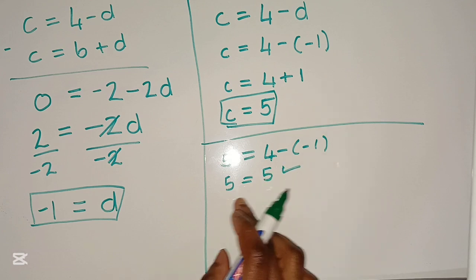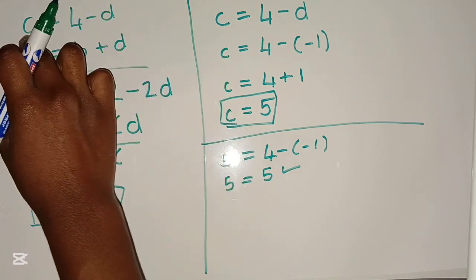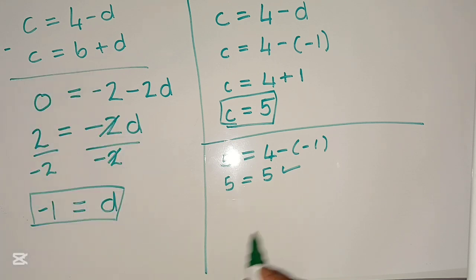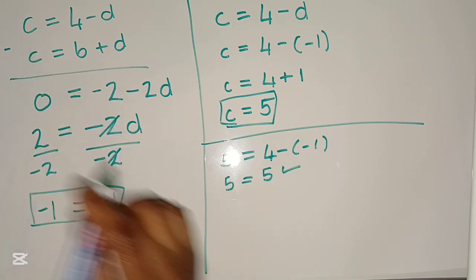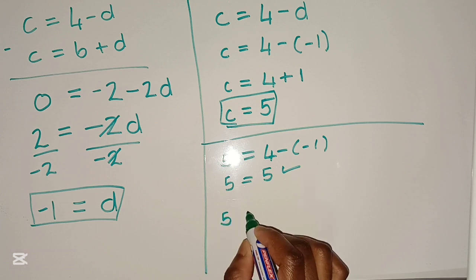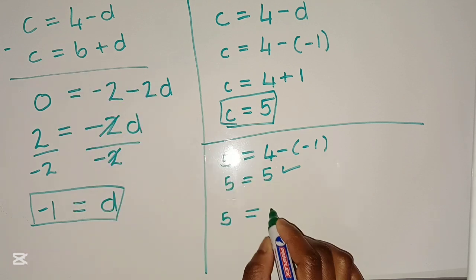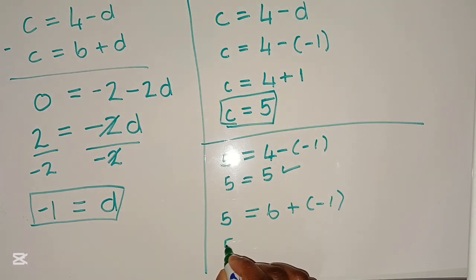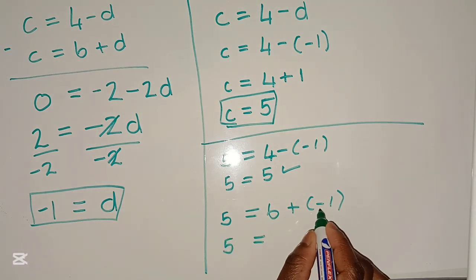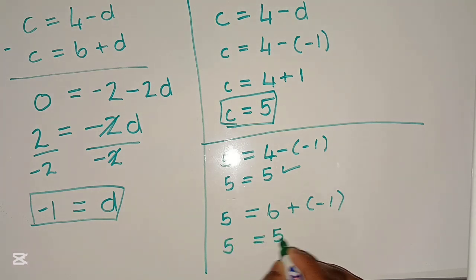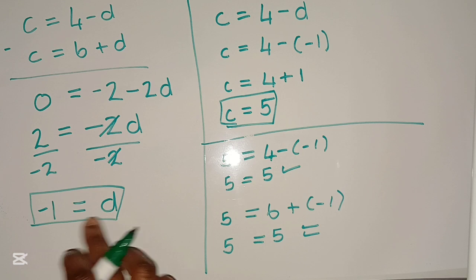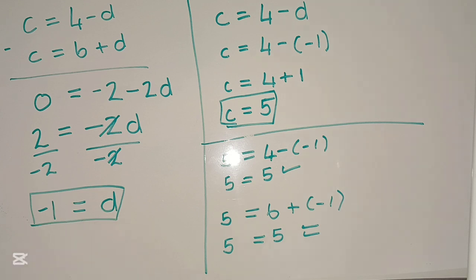Alright, so C and D do fit into the first equation. Let's see if it fits into the second equation. C, which is 5, equals 6 plus negative 1. 5 equals 6 plus negative 1 is 5. Therefore, the value for C is indeed 5 and the value for D is indeed negative 1.